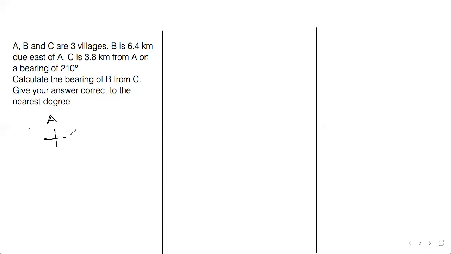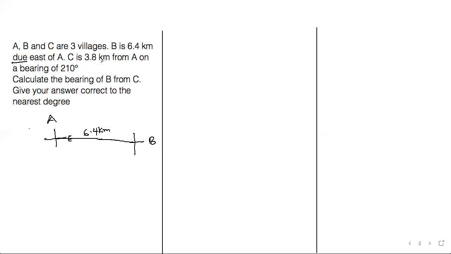This is east, if you remember. Because it's saying due east, I will just continue in the east direction, 6.4 kilometers. So B should be somewhere here.